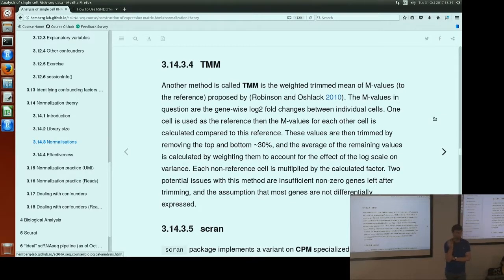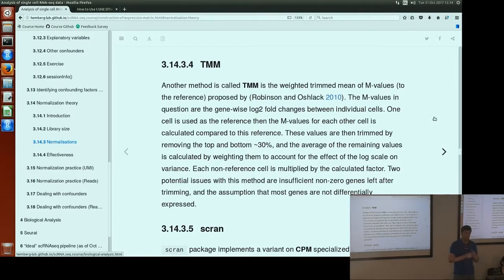You might think about settings where that assumption might not be appropriate, especially in single-cell RNA-seq data. So computing these M values, we use one cell as the reference, then M values for every other cell can be compared to this reference. We trim the outliers by removing the top and bottom, approximately 30% of values. That can be tweaked.